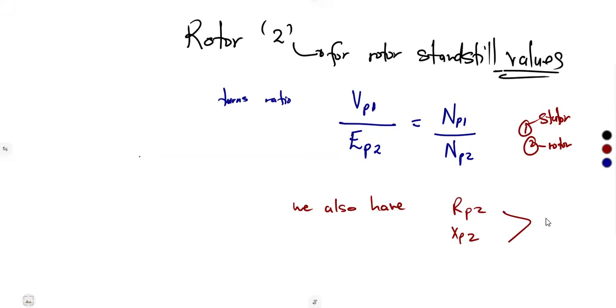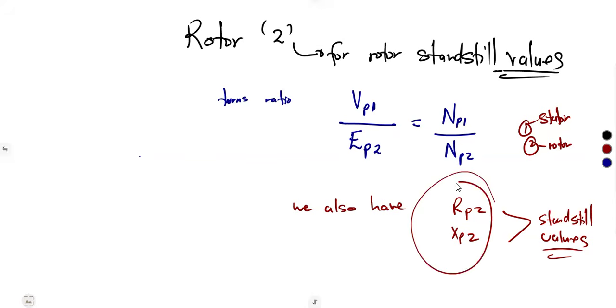These are also part of standstill values that can be used in calculations. Just to know, maybe you'll be given values, and what is important is that you are in the rotor at standstill. How you take your values, denote them as 2 so that, guys, we do not have confusion as we're going to be answering questions together.